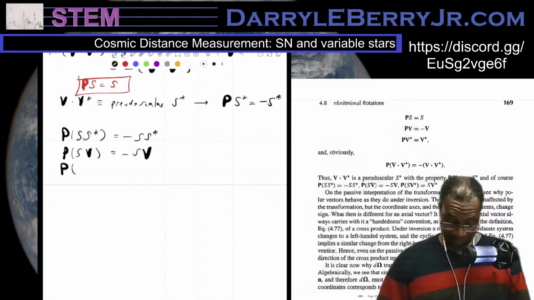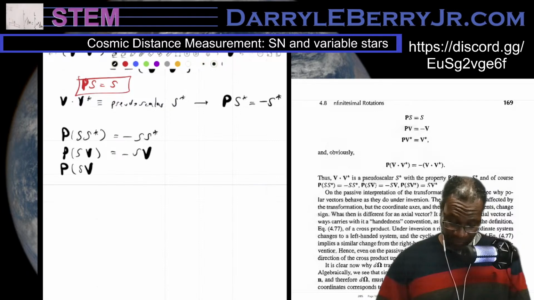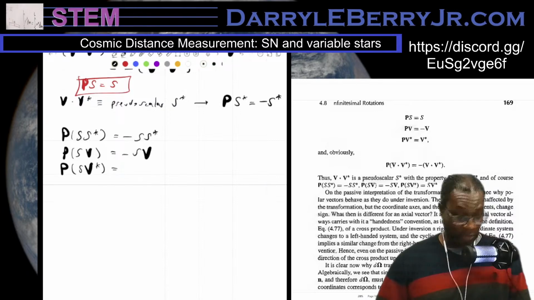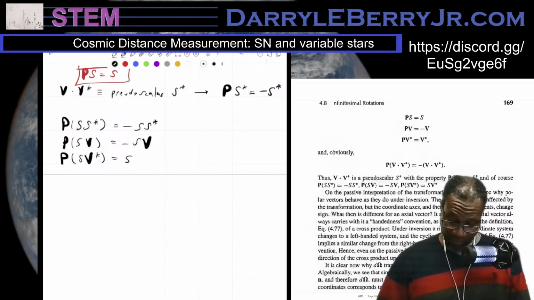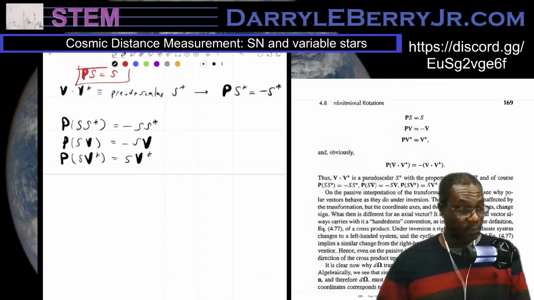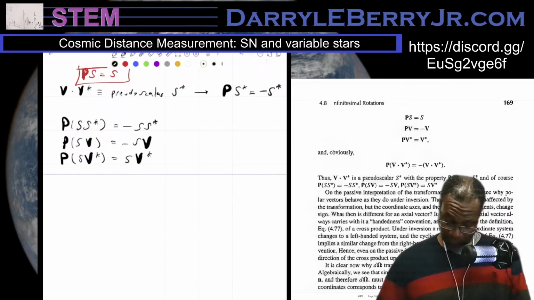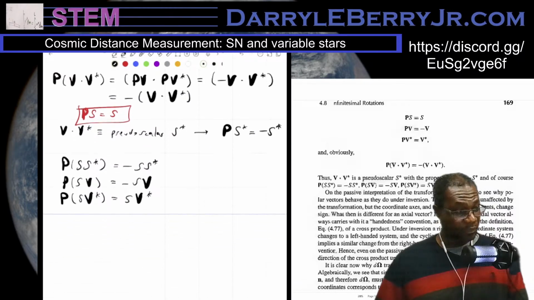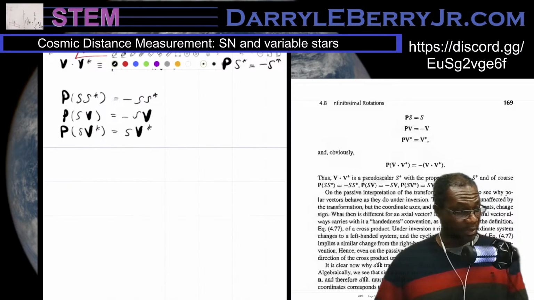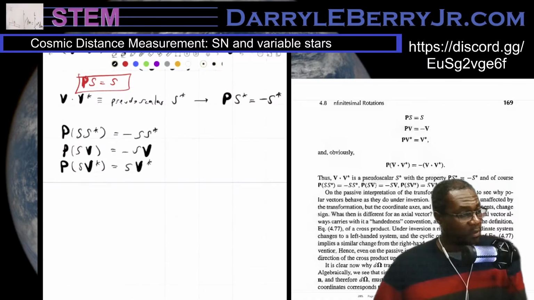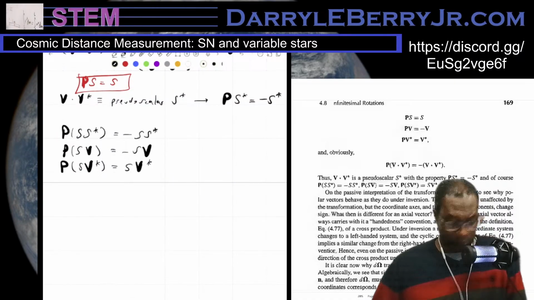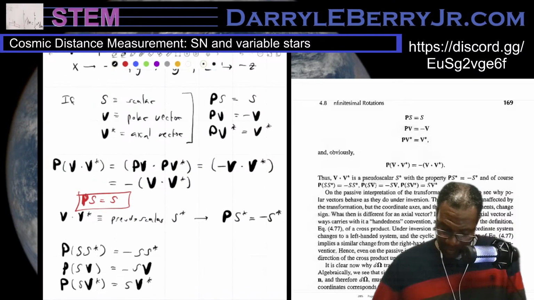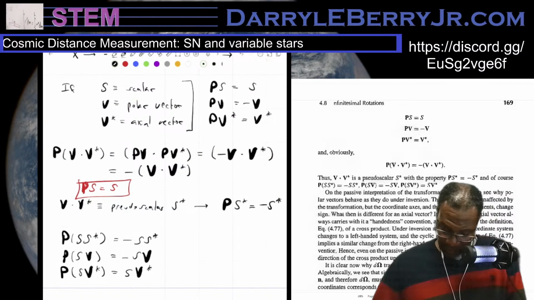P S V equals S V. P times whatever is negative P whatever, unless it's a star. No, even if it is a star. Okay. P S is S. P V star is V star.